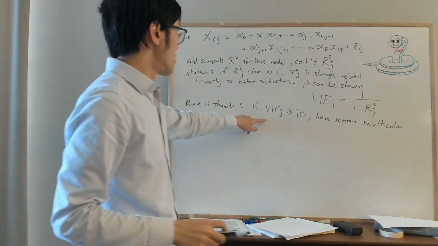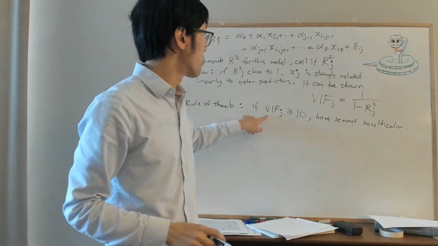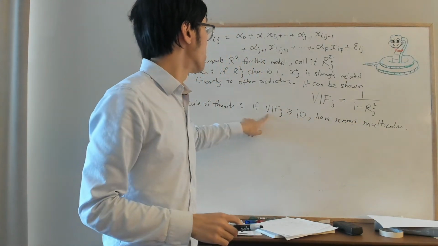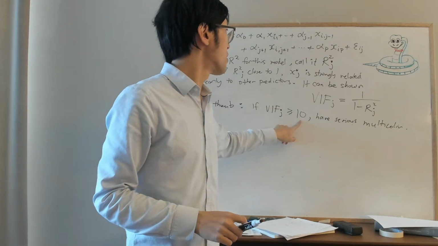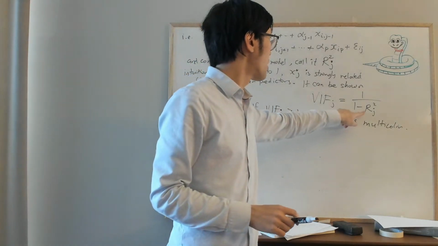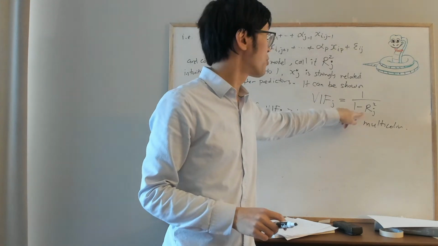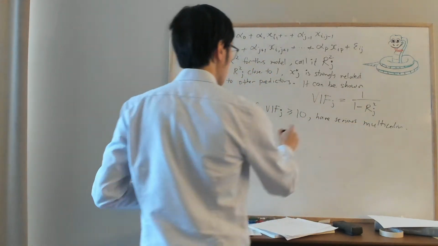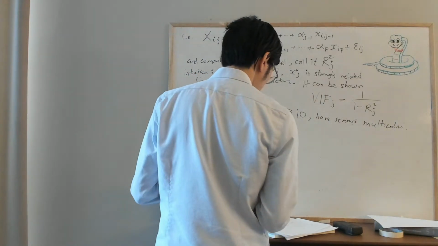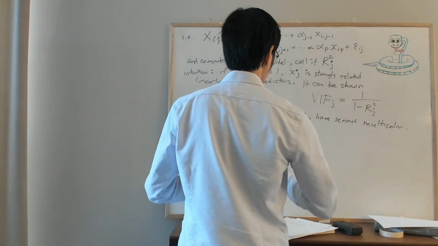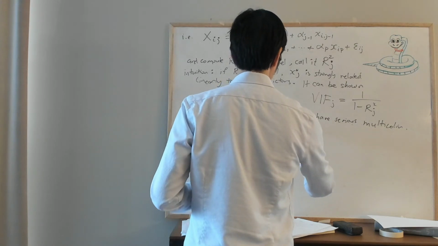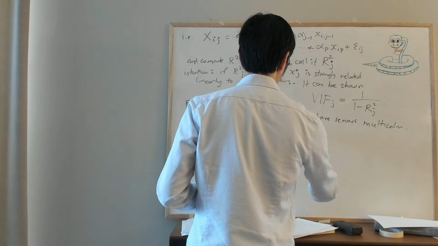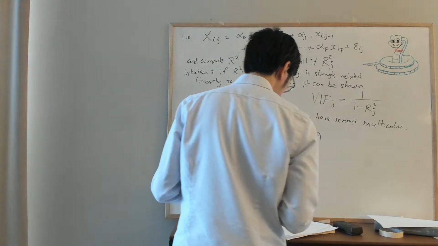So we look at these numbers. What R squared j gives us this? If the VIF is greater than 10, then you have 0.1 on the bottom, which means R squared j would be at least 0.9. So this is equivalent: R squared j is at least 0.9.